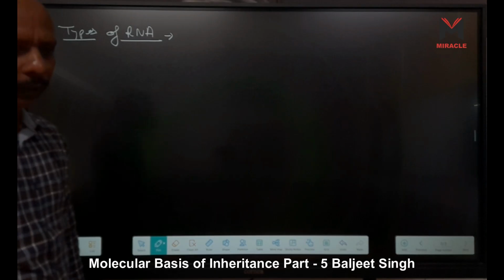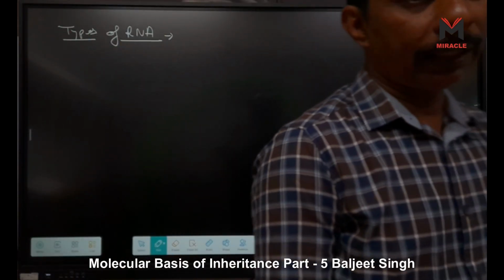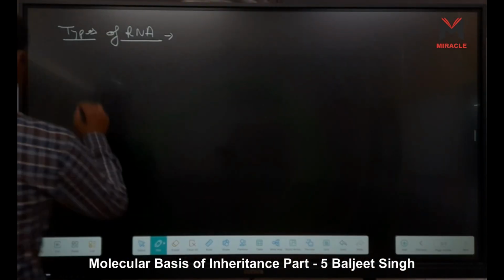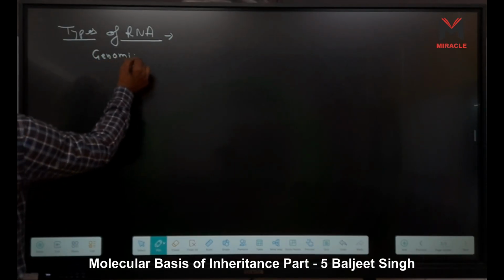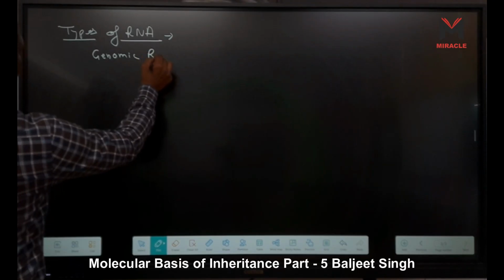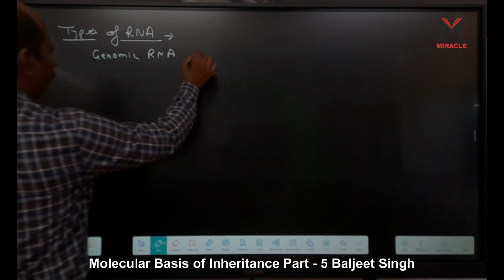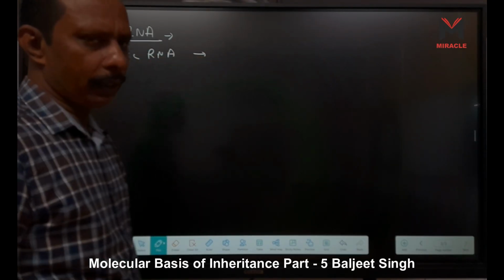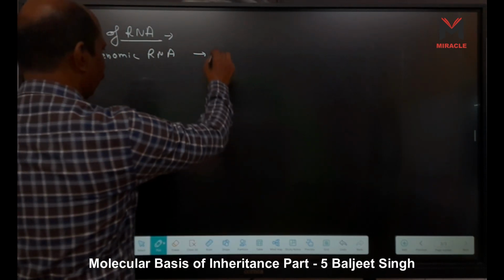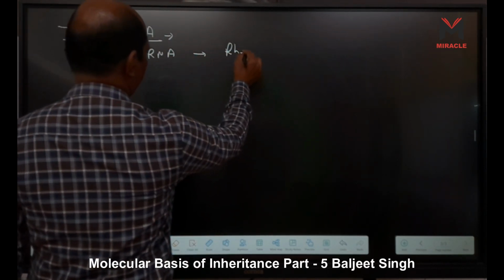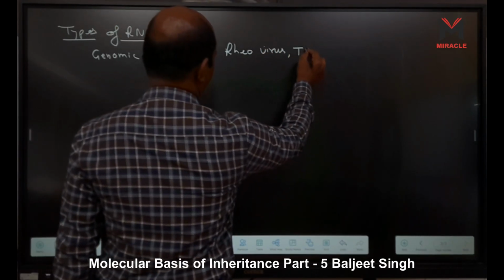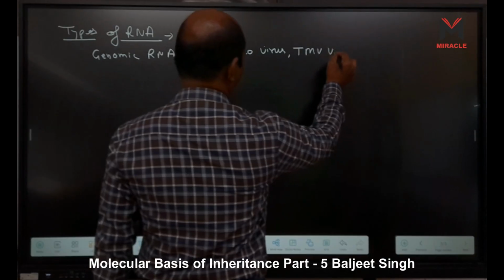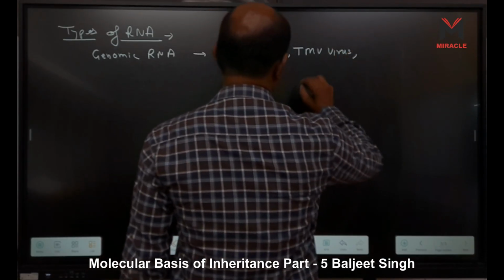When we consider the function of RNA, we have two types of RNA, genetic and non-genetic. First is genomic RNA, and this genomic RNA is responsible for inheritance, right? It is present in reovirus or TMV, tobacco mosaic virus, right?